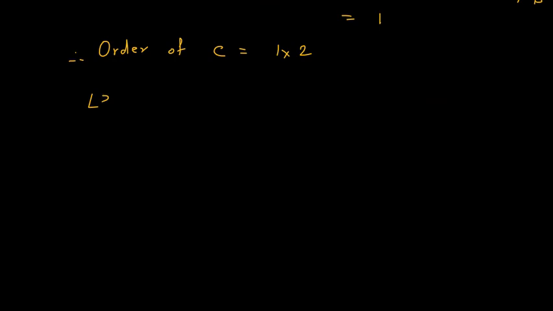So we take, now we have 1 row and 2 columns, so we can take x comma y. This is C, right? So we say that C is equal to x y.